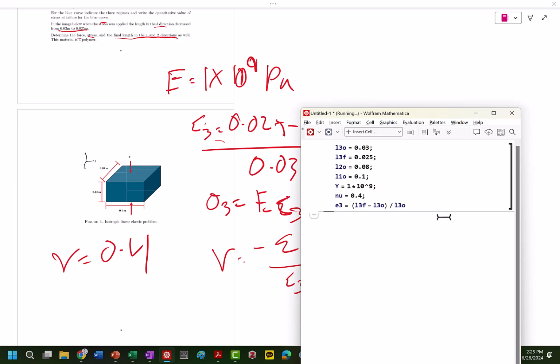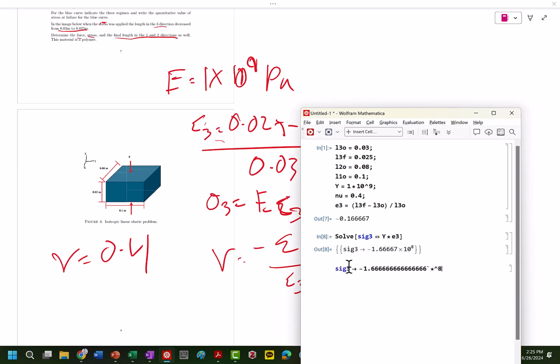So let's go ahead and solve. Let's wait till it wakes up. Sigma 3 equals Young's modulus times E3, so we can solve for that. Good. So we have our stress. Our stress is negative, which makes sense. So sigma 3 is equal to this.